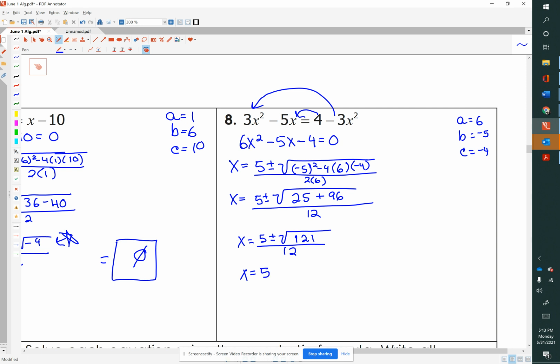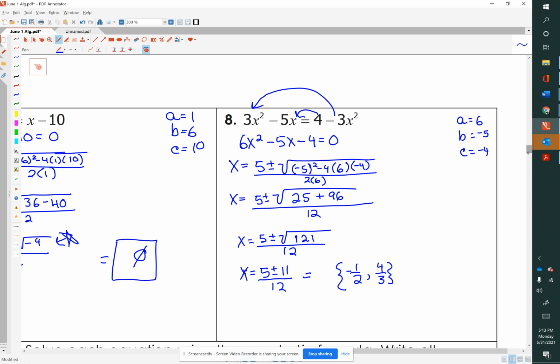So that would be 5 plus or minus 11 divided by 12, which will equal, we'll have two fractions this time. It's going to be either -1/2 or +4/3.